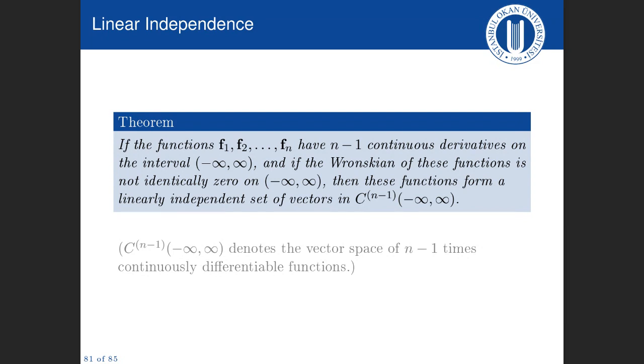So basically this says, calculate the Wronskian and see if the Wronskian is always equal to 0. If it's always equal to 0, they are linearly dependent. If the Wronskian is not always equal to 0, then they are linearly independent.